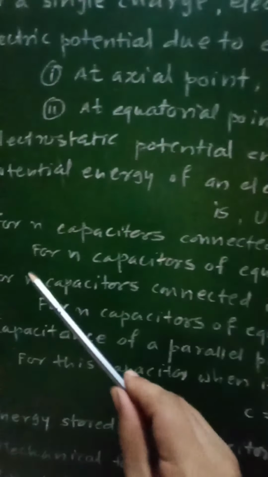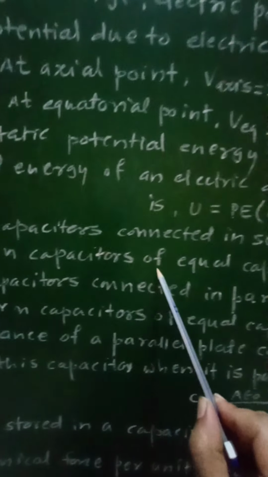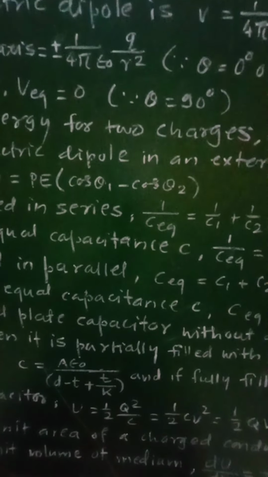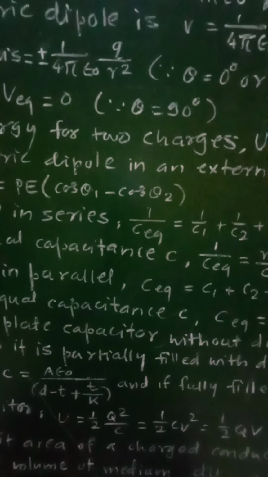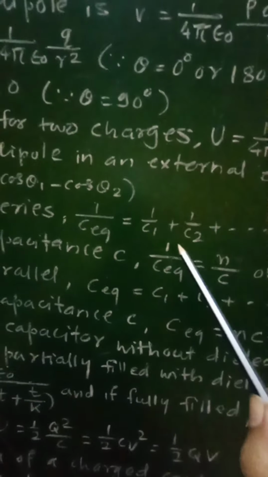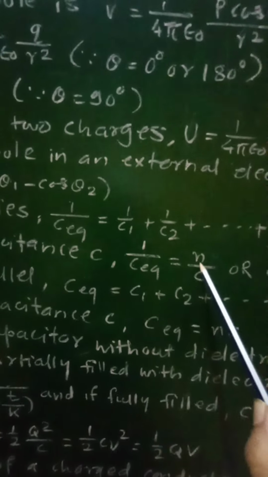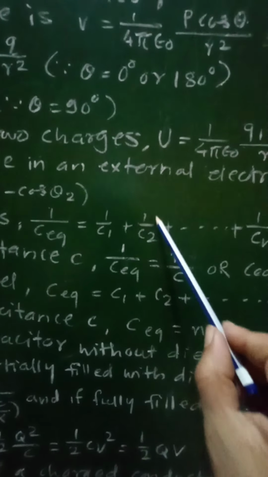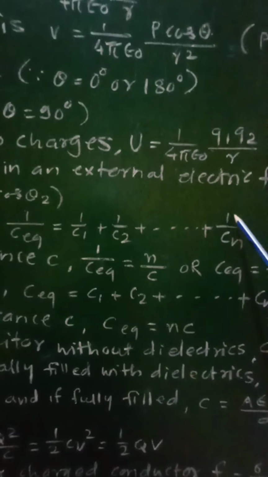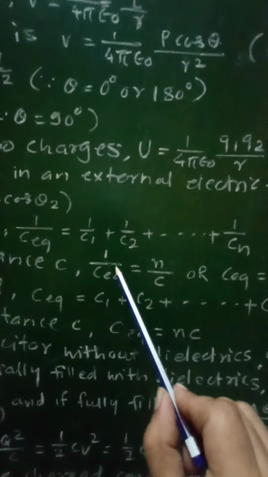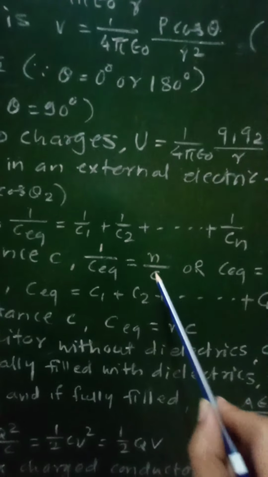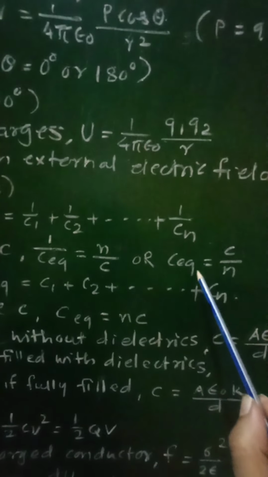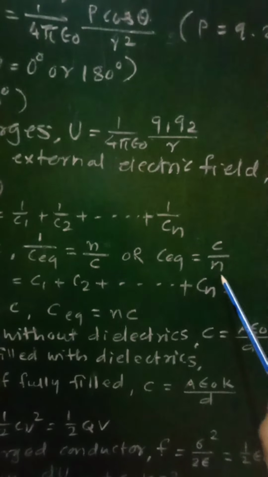Now for n capacitors of equal capacitance C, 1 upon C equivalent will be equal to n upon C, because it will be 1 by C plus 1 by C plus n times 1 by C, that is equal to n by C. So the equivalent capacitance will be C by n.